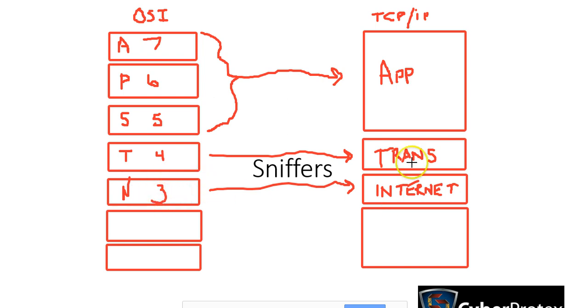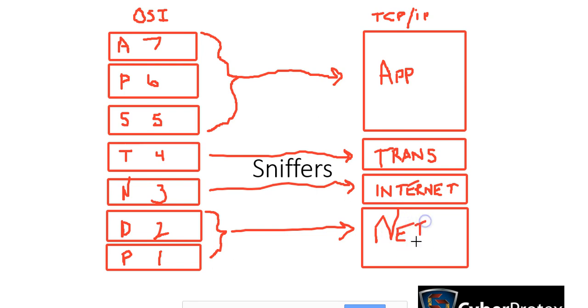So network is equal to internet. And these last two here, we group them as data link and physical. So here is 2 and 1, and network access is specifically what we call this layer over here. This is also known as the DoD model.